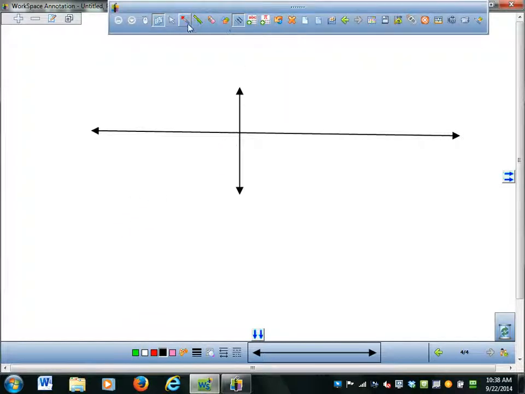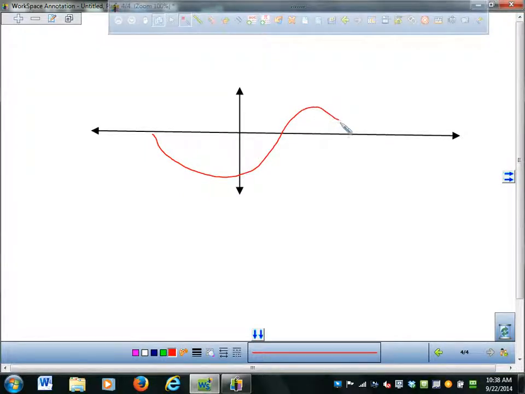Yeah. So say I'm just going to draw in a curve here. This is a bad curve.